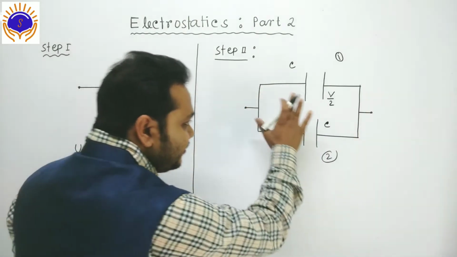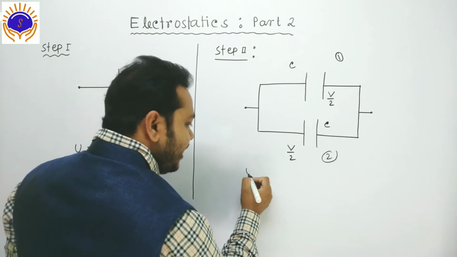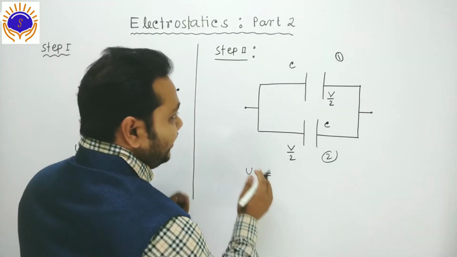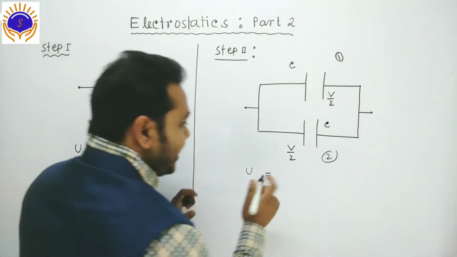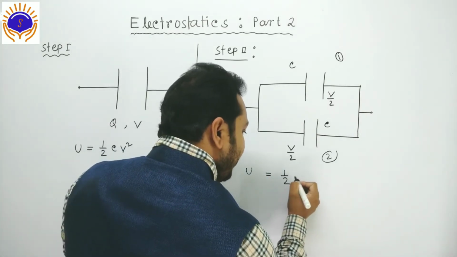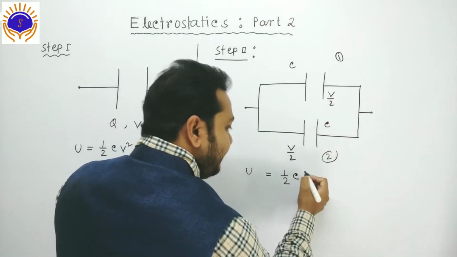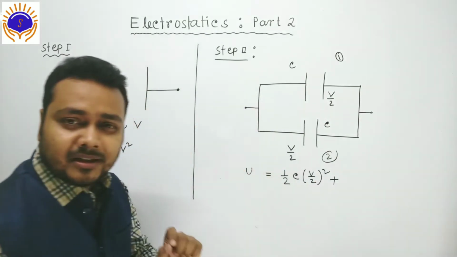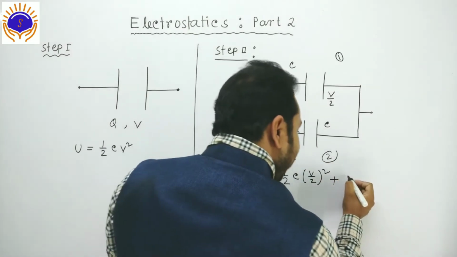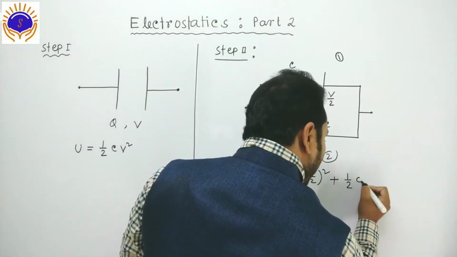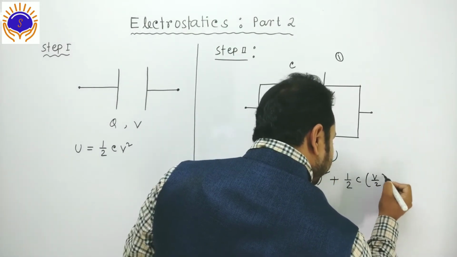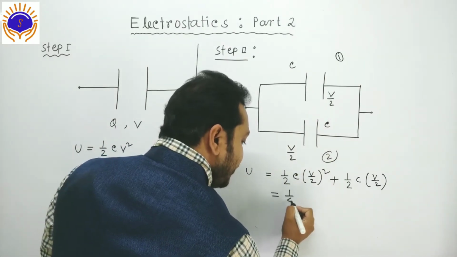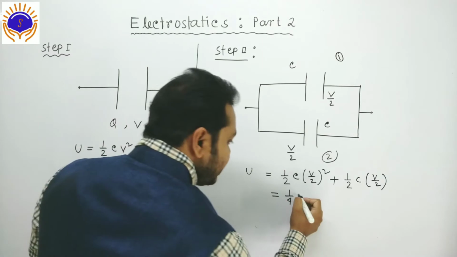So in this situation, the total energy of the capacitors will be: the energy of the first capacitor is half C (V by 2) square, plus the energy of the second capacitor, which will be the same. So the total energy will be 1 by 4 CV square.